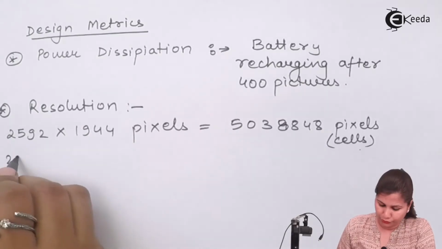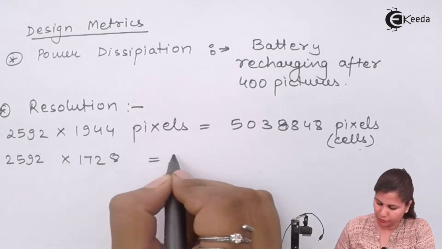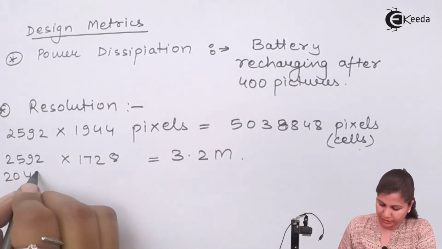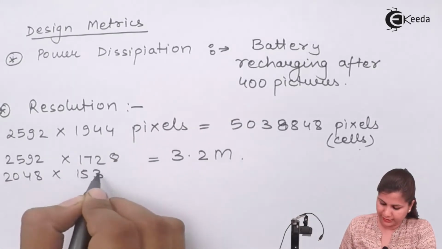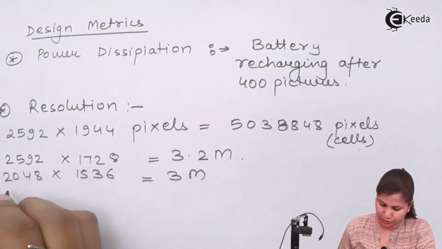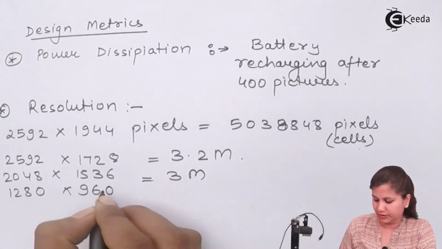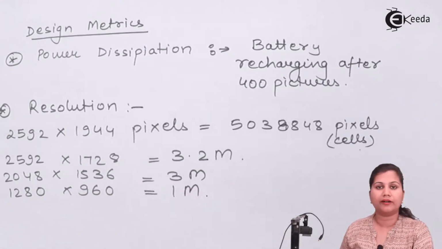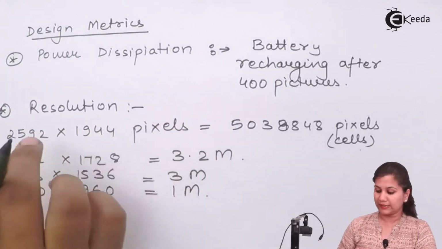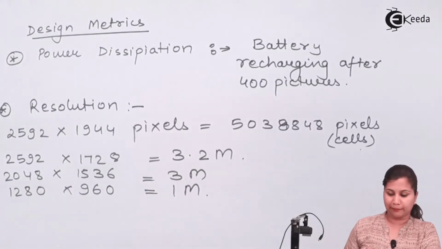So 2592 into 1728 is going to provide 3.2 megapixels. 2048 into 1536 is going to provide 3 megapixels resolution. Then 1280 into 960 is going to provide 1 megapixel resolution. So depending upon the pixel values given, the resolution is also different for different cameras.